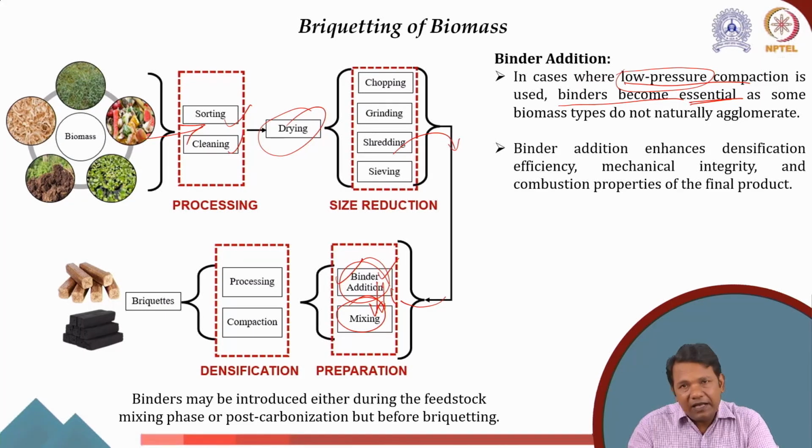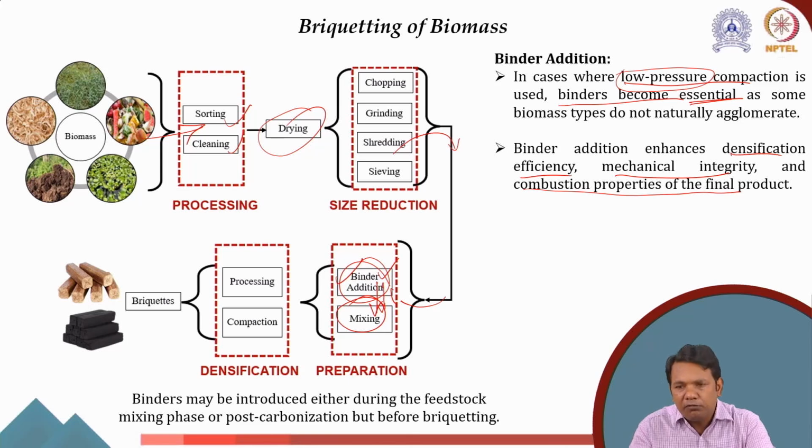The binder addition, as it is meant to, enhances the densification efficiency, mechanical integrity, as well as the combustion properties of the final product. Now, if you recall again, what we are using as a binder, starch, paper, lignin, these all are again combustible materials.